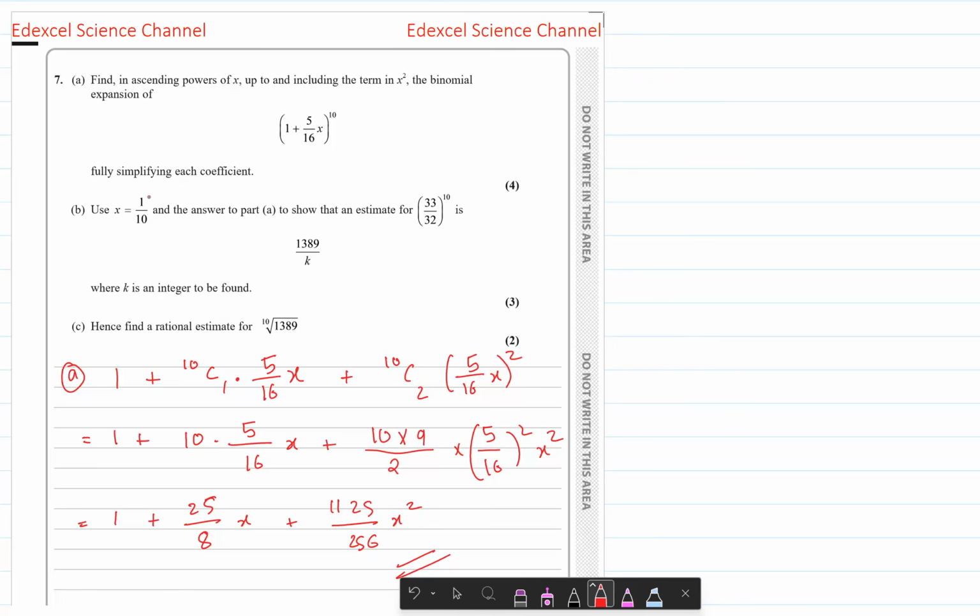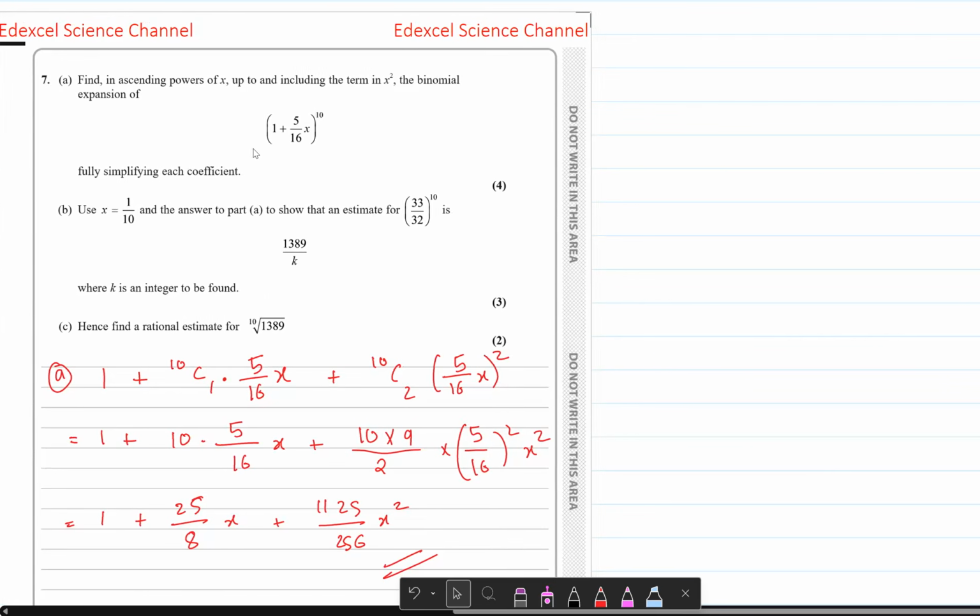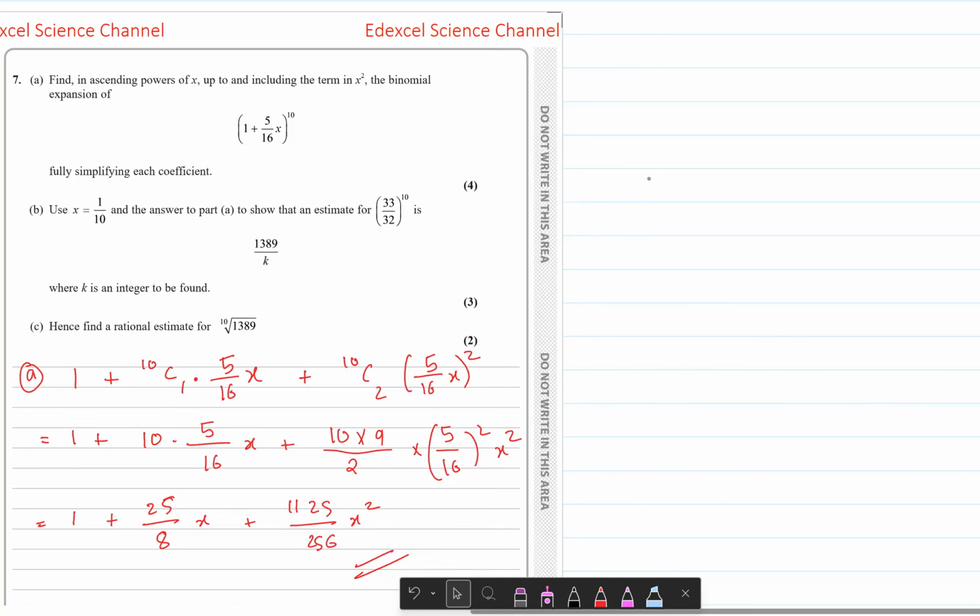Use x equals 1 over 10 and the answer to part A to show an estimate for 33 over 32 to the power 10 is this, where k is an integer to be found. So again, this is very simple. You don't need any kind of brainstorming to do this.